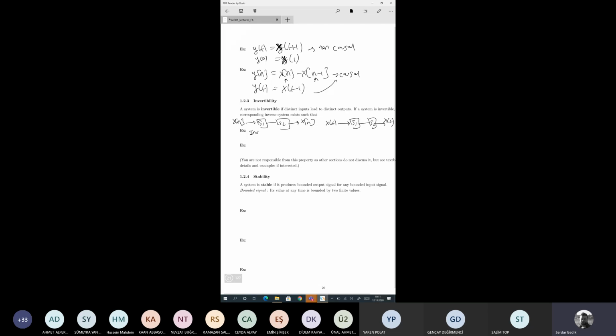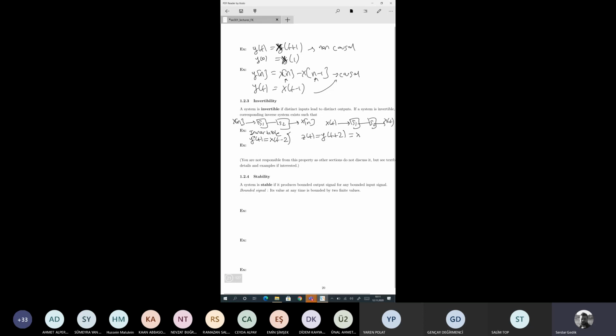Well, as an example of an invertible system, let's say I have y of t equal to x of t minus 2. What is the inverse of this system? Let's assume that I define z of t equal to y of t plus 2. If I find y of t plus 2, instead of t you simply put t plus 2.